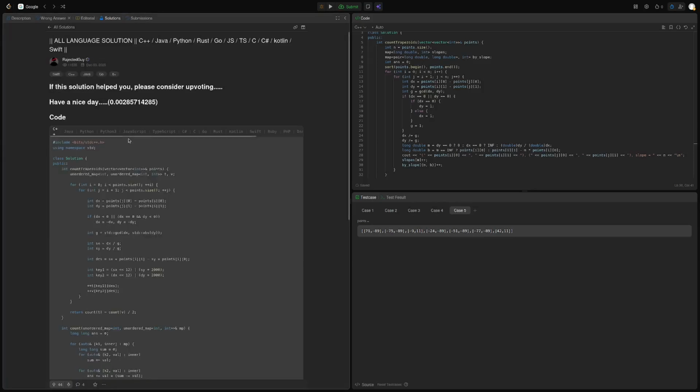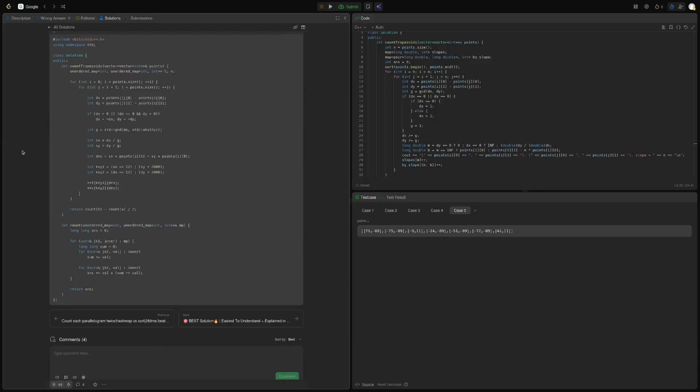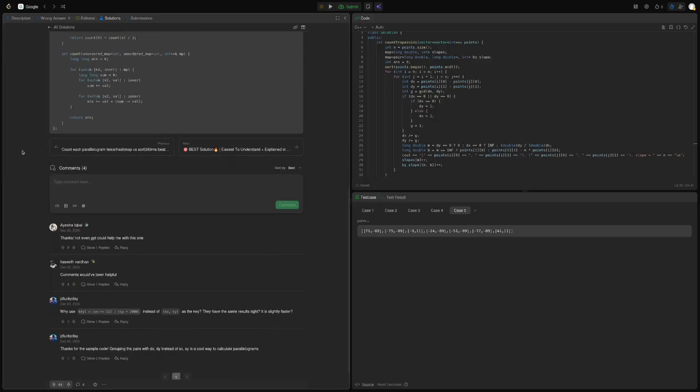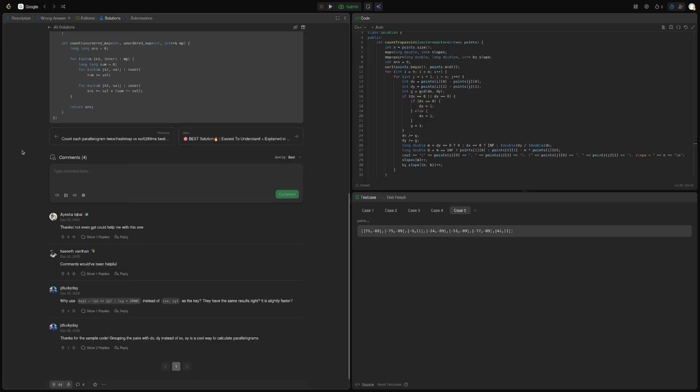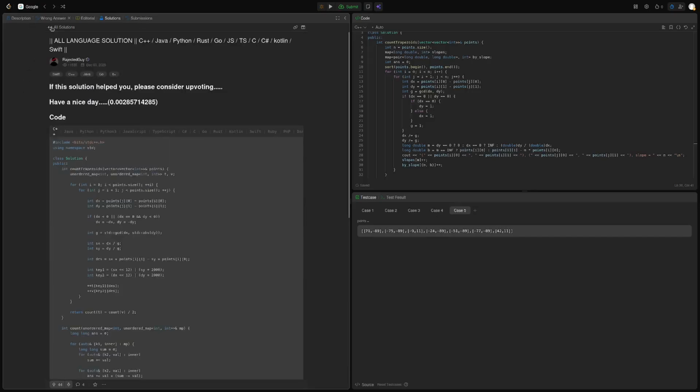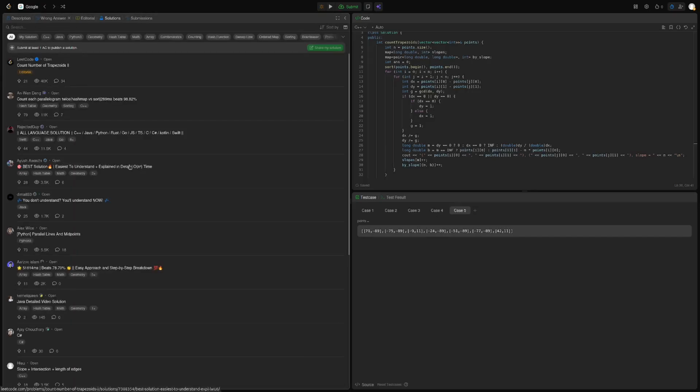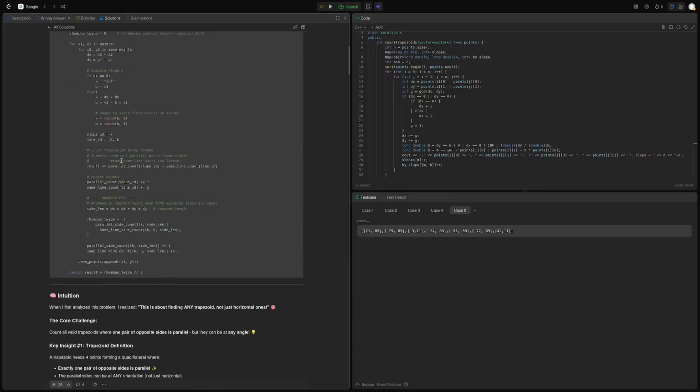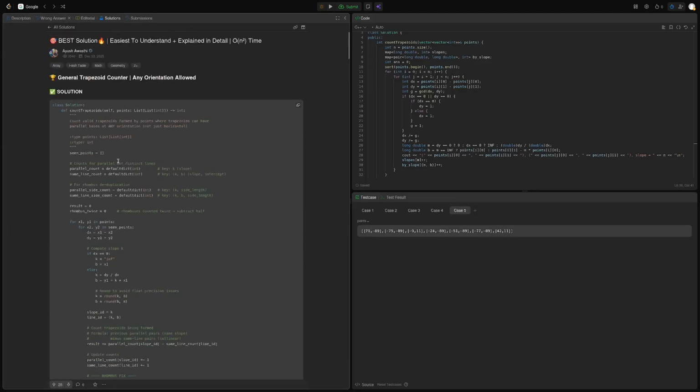Maybe this is the editorial. All these codes are just AI generated.